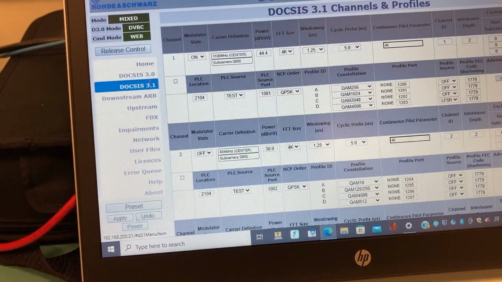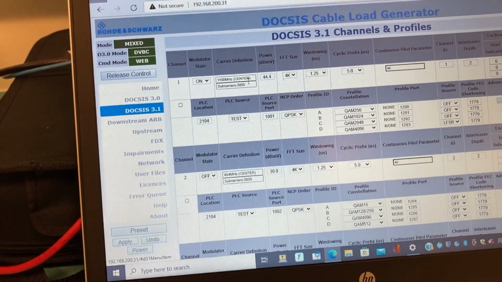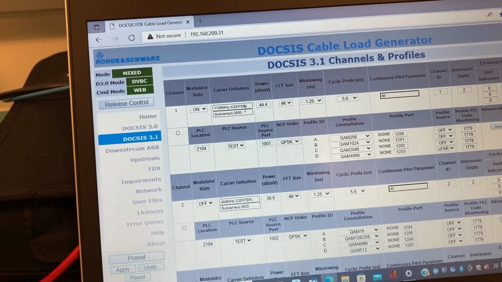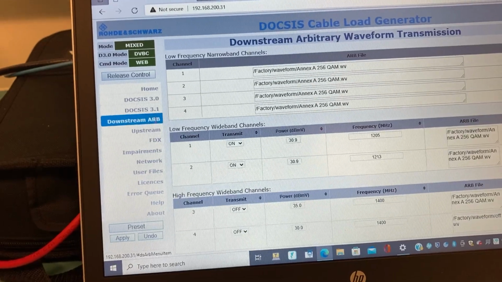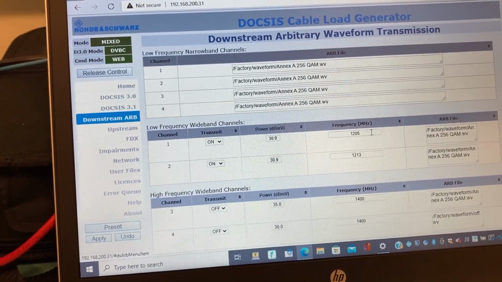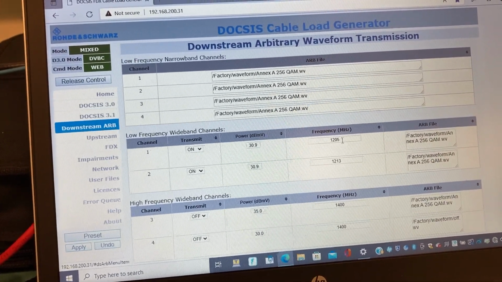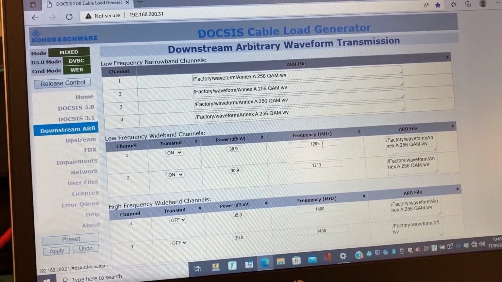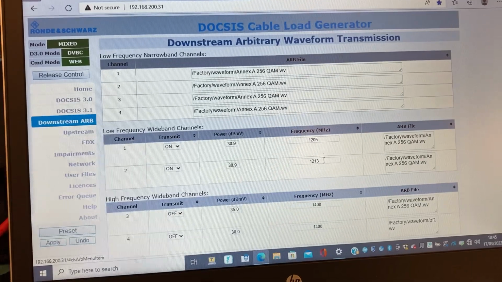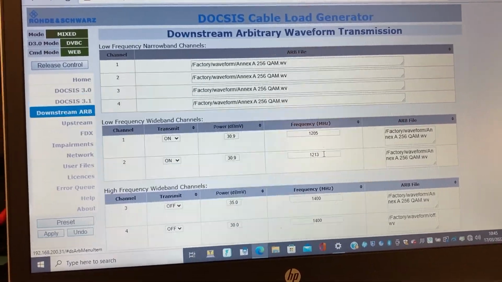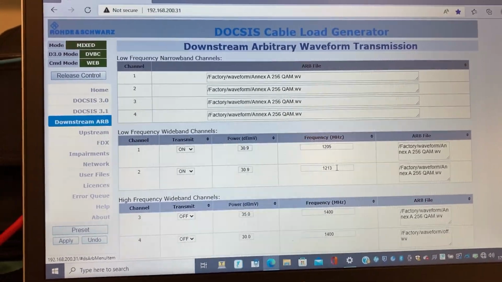Then I have an OFDM at a 1.1 gig center frequency, and on top of that we have two additional DVB-C channels at 1205 megahertz or 1.2 gigahertz. Those channels are at the top end, which makes it nice and easy for us to measure DVB-C performance.